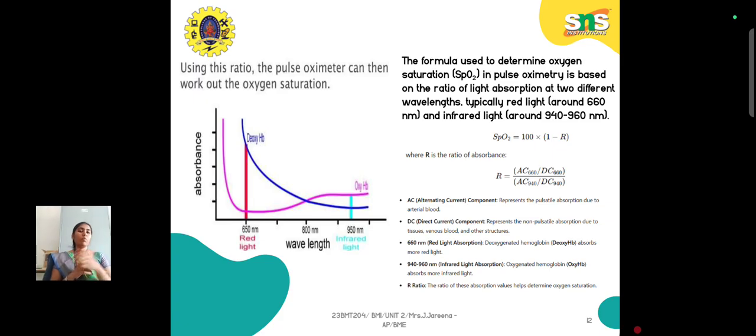And with the help of this graph, we have the absorbance values for oxy and deoxy at venous blood and at arterial blood. When you substitute those values into the different formulas, finally we get the SpO2 value, right? So this is all about the pulse oximetry working mechanism and the formula which is used to get the values. Thank you.